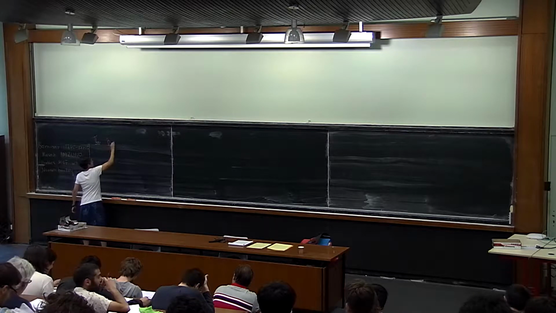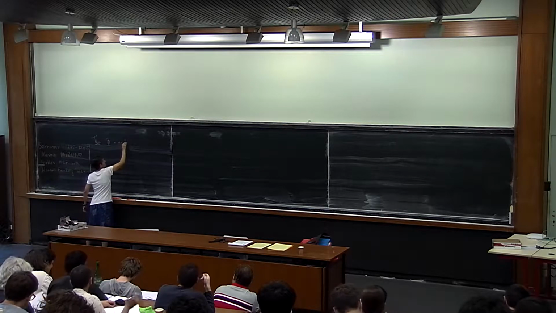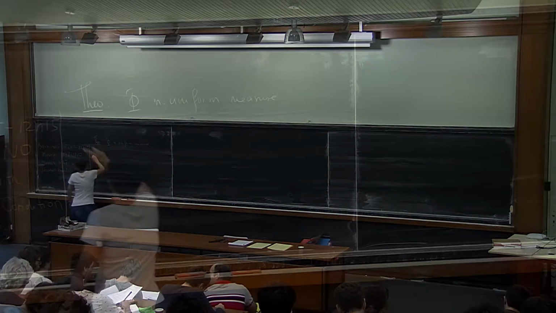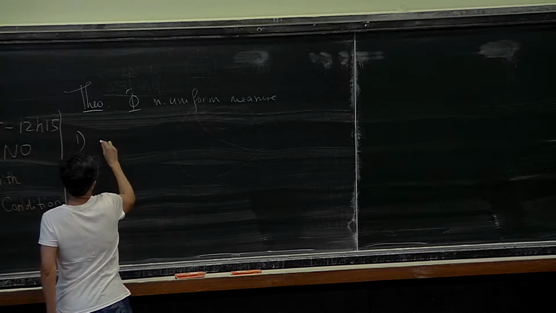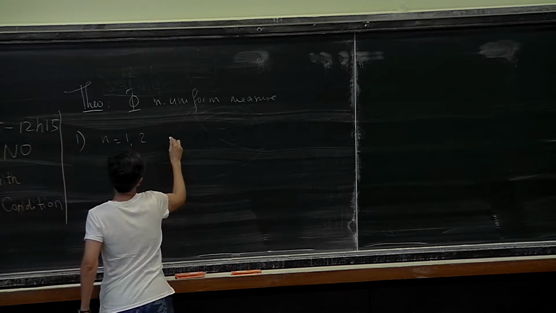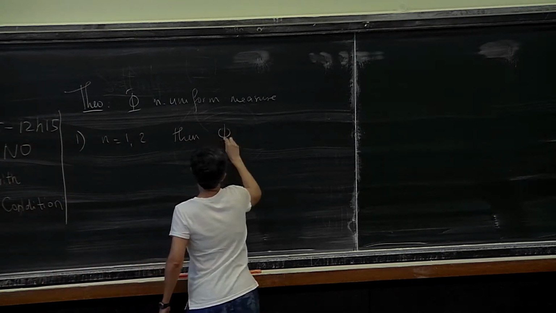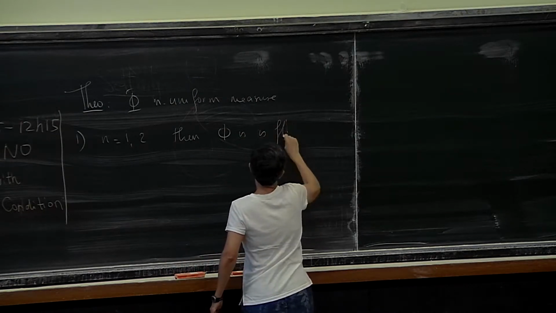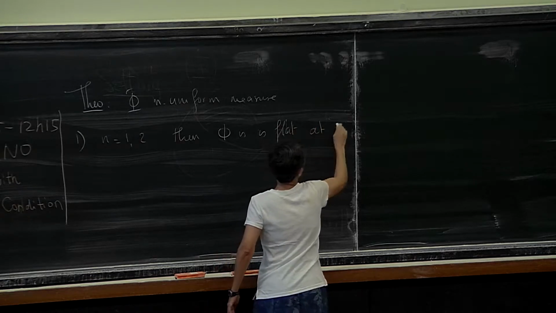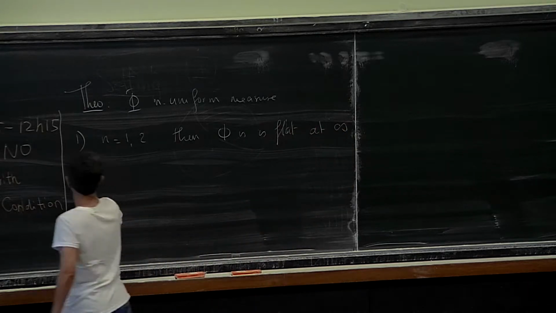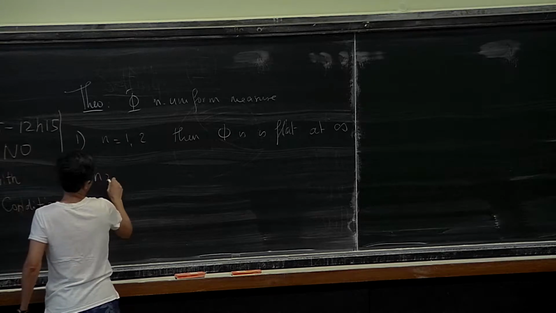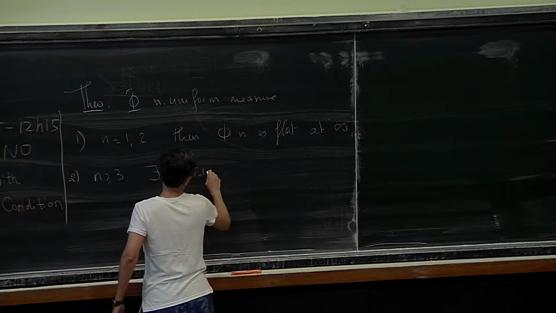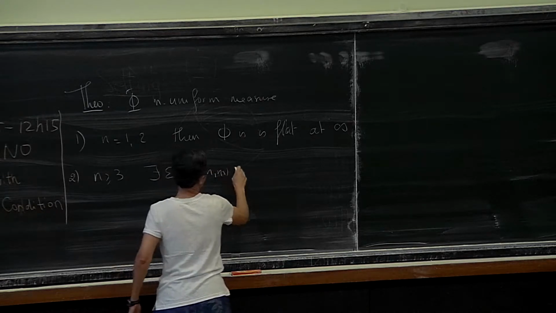So if we have an n-uniform measure phi, then question 1: n equals 1 or 2, then phi is flat at infinity. I will remind you what this means in a second. 2: if n is greater or equal than 3, there exists an epsilon, which depends on n and m, positive.